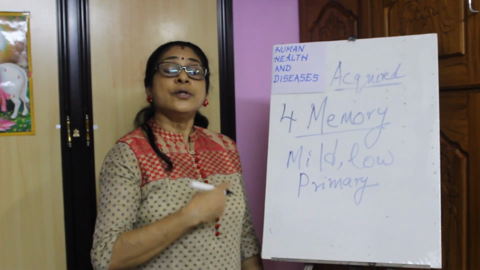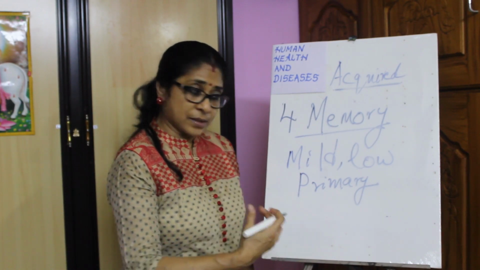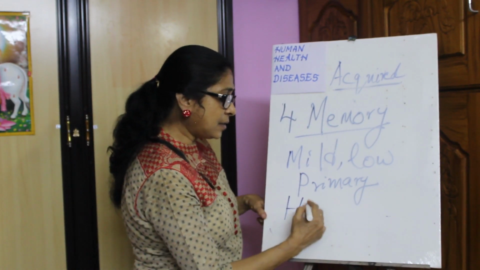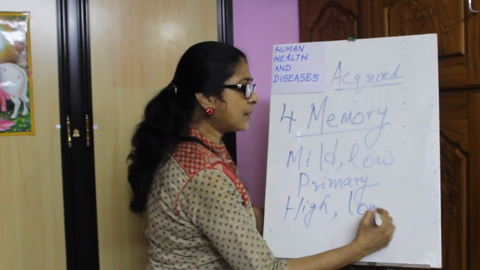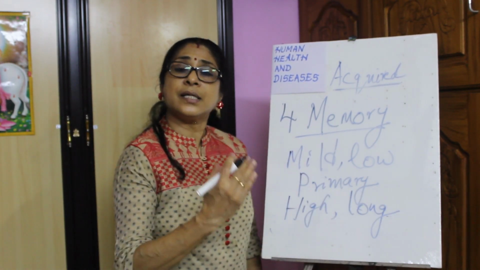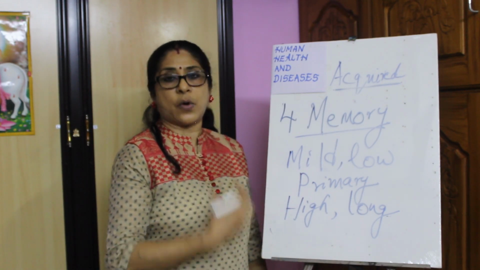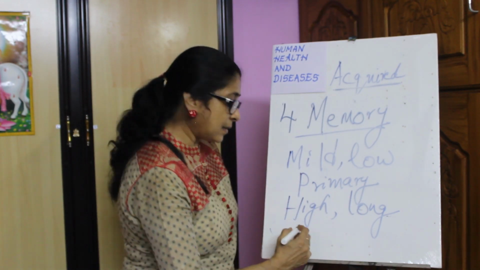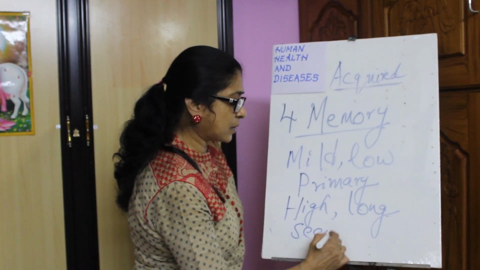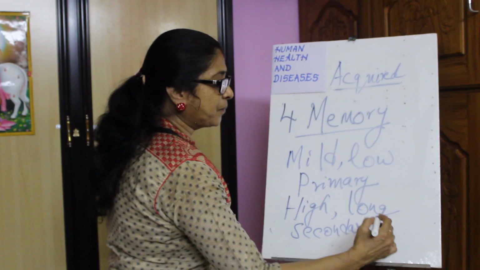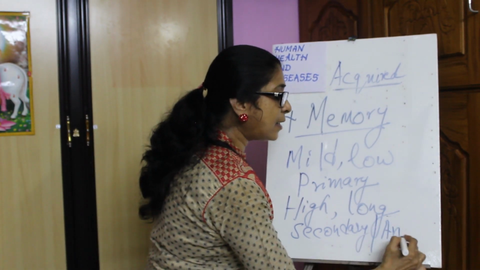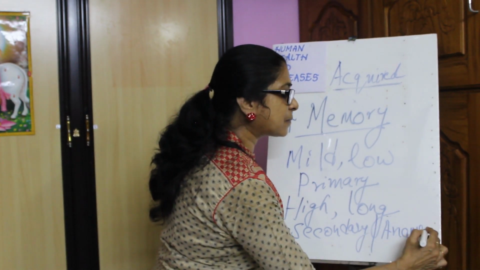And then your immune system produces a very high intensity, long lasting immunoresponse, which is called the secondary immunoresponse. It is known as secondary or anamnestic immunoresponse.